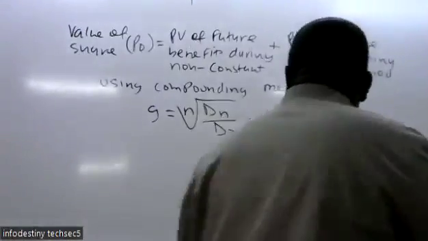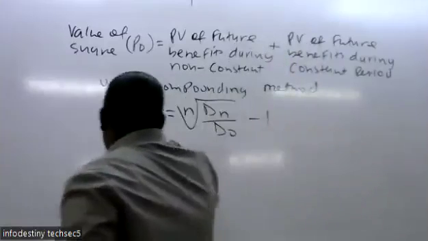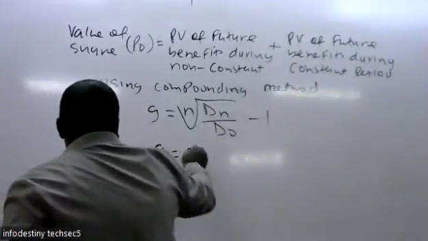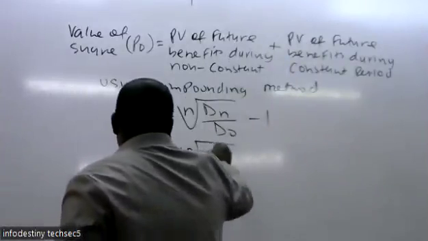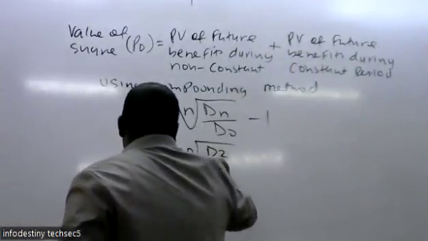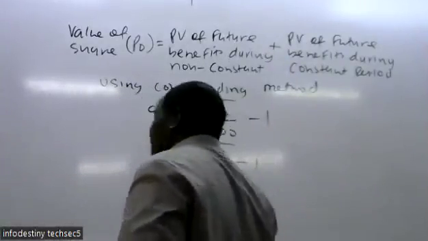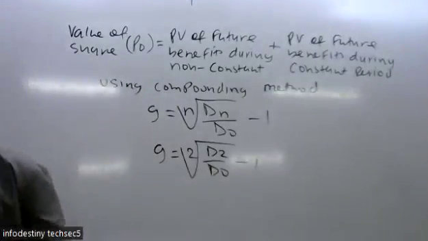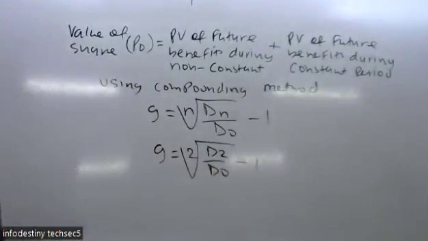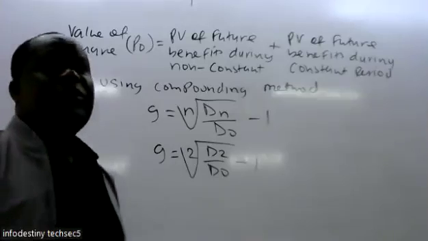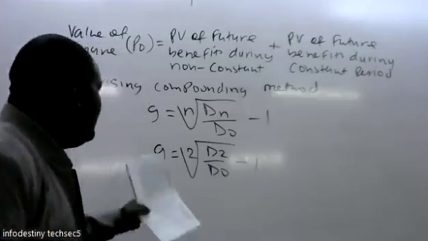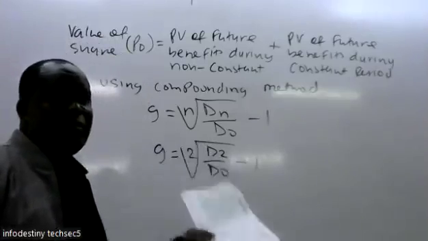That means our G will be the square root, N is 2, of D2 divided by D0, then you minus 1. If 2015 is 0, then 2016 will be 1, 2017 will be 2. That's why N is 2.